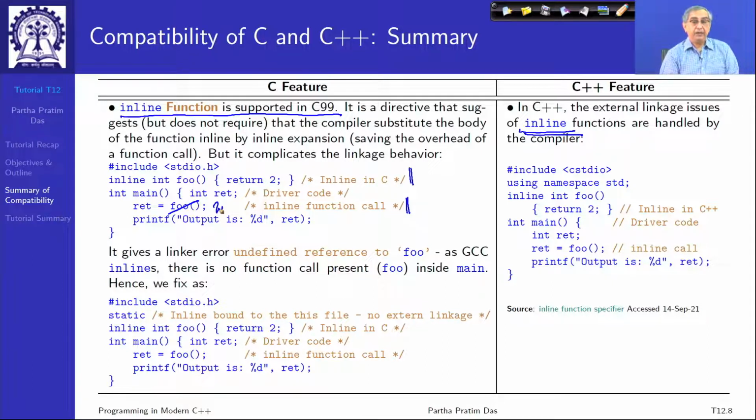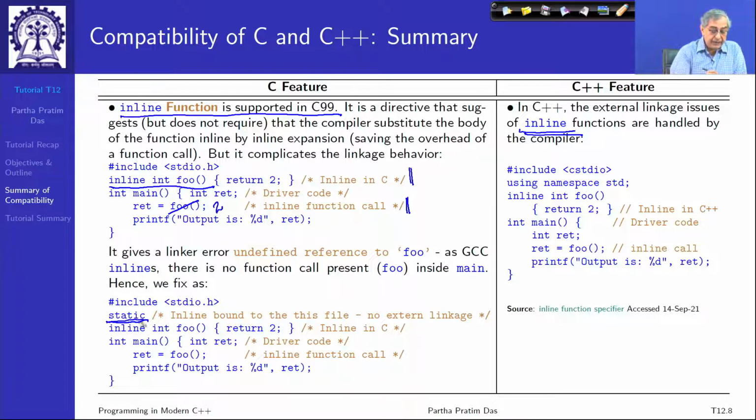But please remember that in C you may get into a variety of linkage errors because of inlining. Just one case I am mentioning. Let us say that instead of just calling foo a function here, we say it is a static function. You would recall that static in front of a global function means that this name is available only within the file in which this function is occurring.